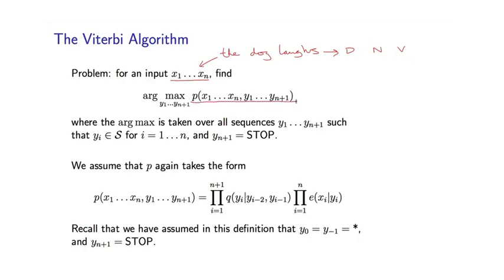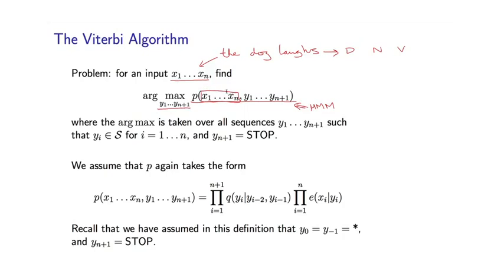This probability is defined by an HMM through the parameters estimated from a training corpus. And the task is to find the highest scoring tag sequence under this model for this particular sentence, x1 through xn.